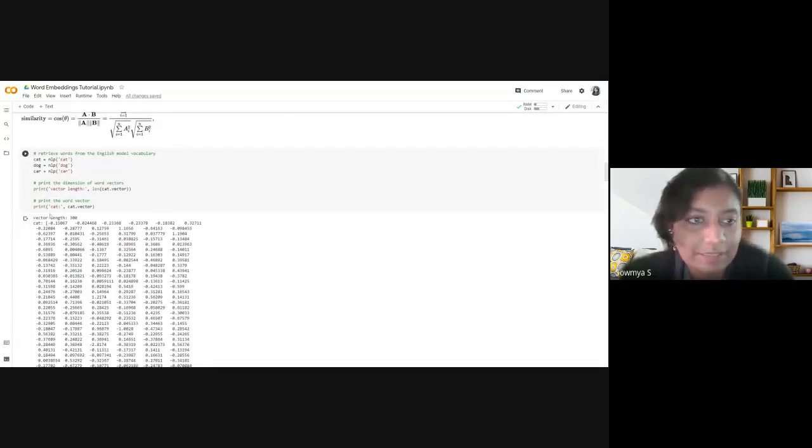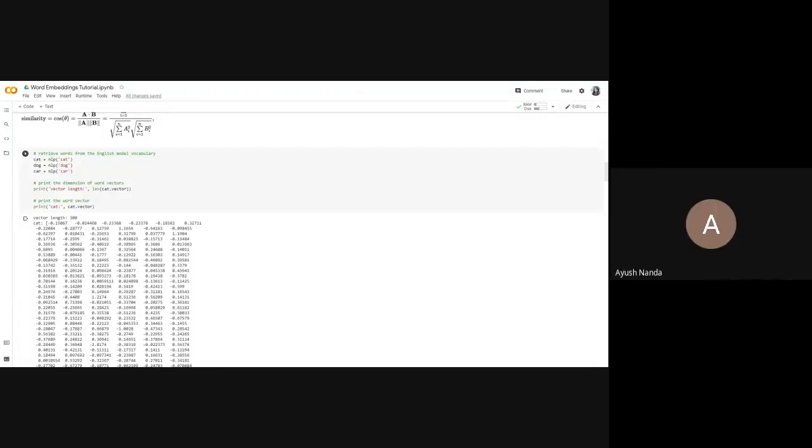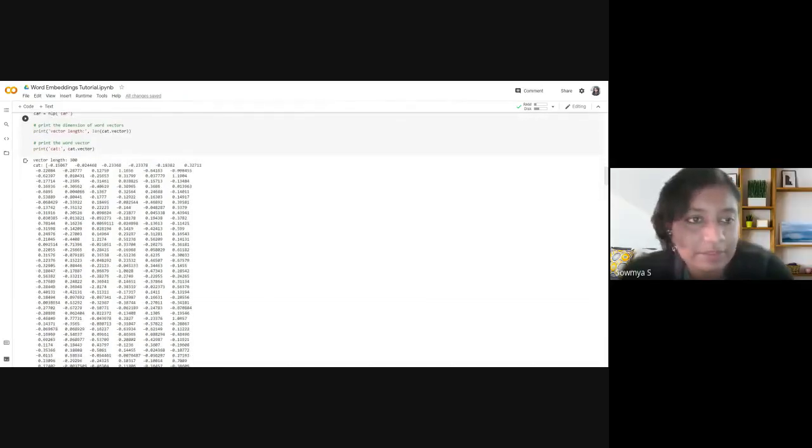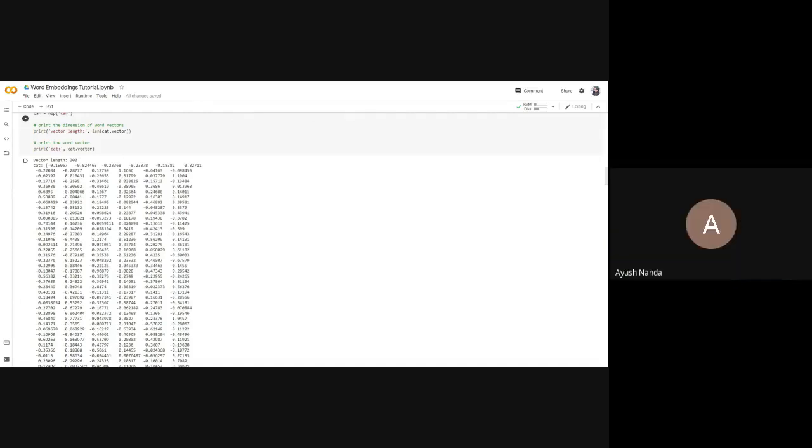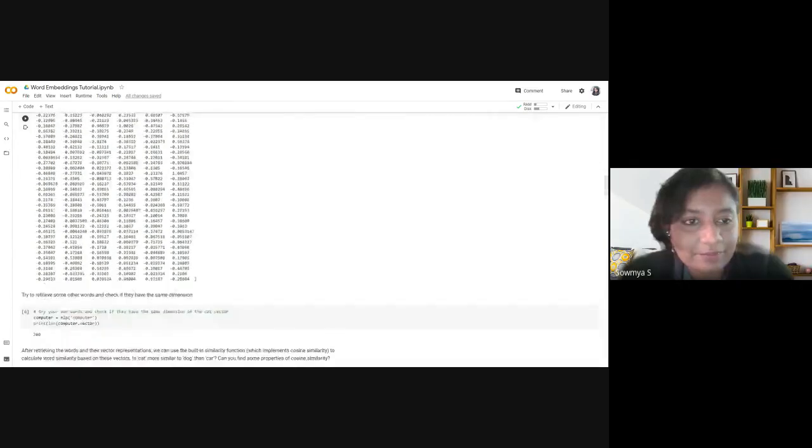I just get one vector. So if I have different meanings, it's still going to retrieve the same. It's just a point in the space. Exactly, it's just a point. And that's why it's a vector, in the sense it's a representation. Yes, ma'am.